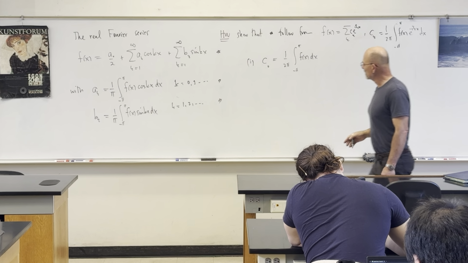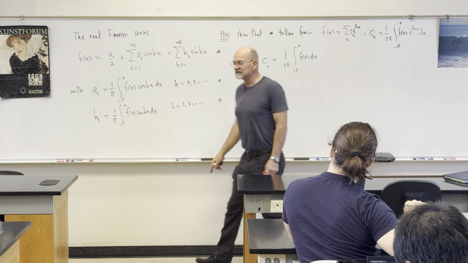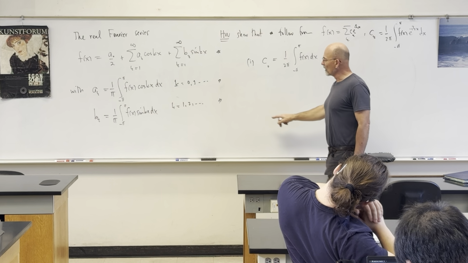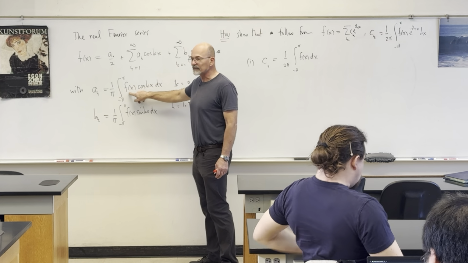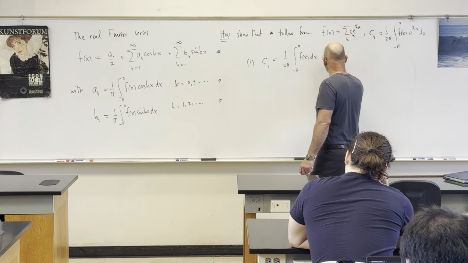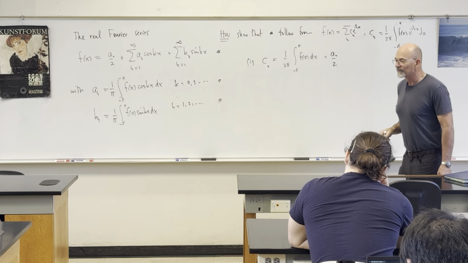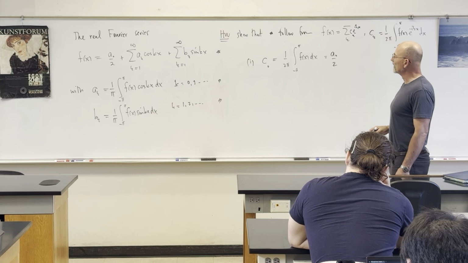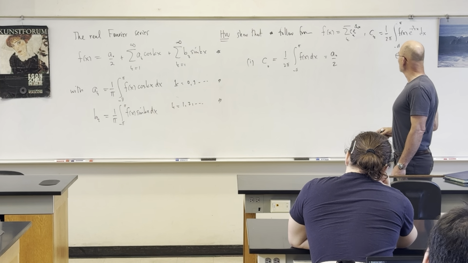And what do you know, that's a sub 0 over 2. Because if you go to a sub 0, cosine of 0 is 1, and you have f of x, integrating with 1 over pi. So you can see that c sub 0 is equal to a sub 0 over 2. And then the other ones, we should be able to work out as well, in either direction.